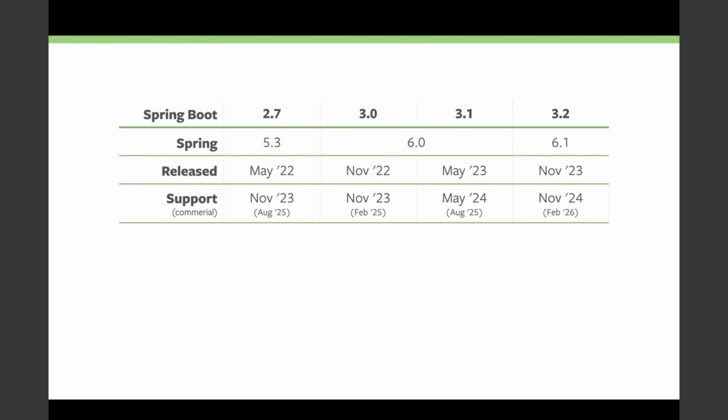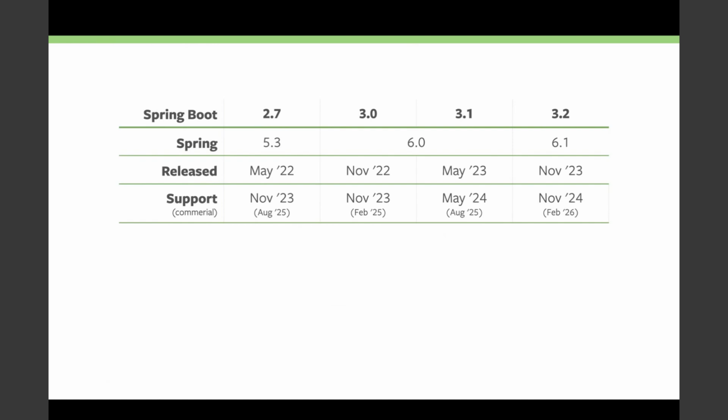You see we're on a 6-month cadence for these minor versions, and we allow you to, quote unquote, skip one. But if you're still on 3.0, you should upgrade to 3.1, because the support for 3.0 runs out in November, so next month.